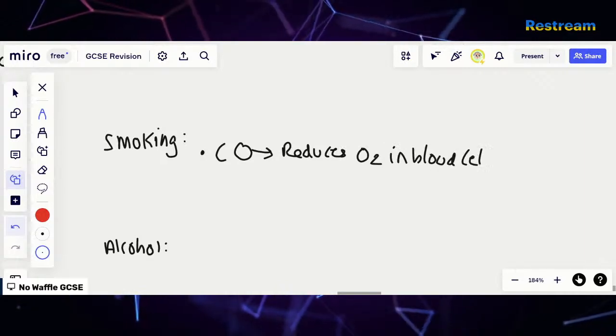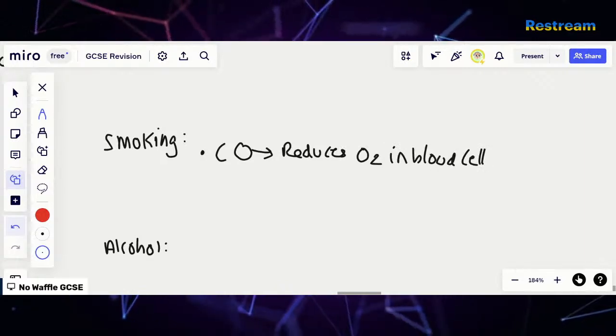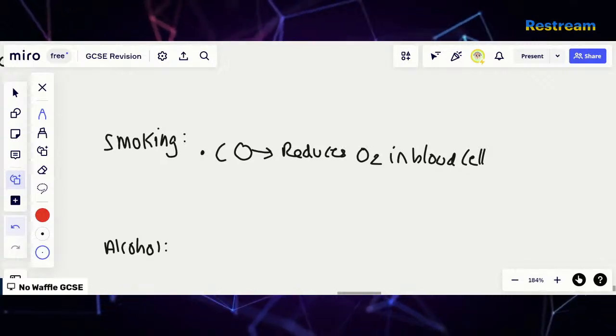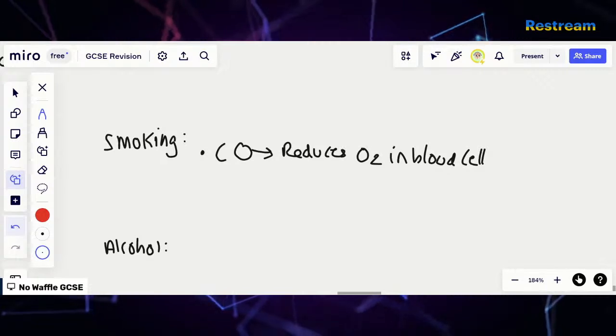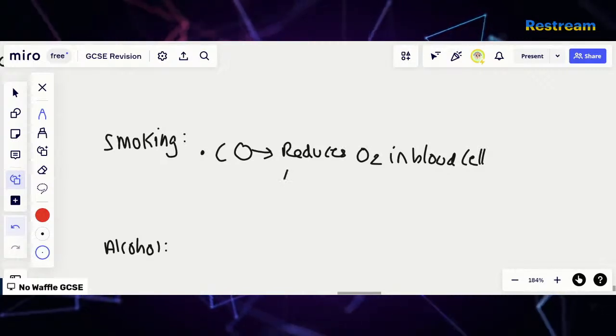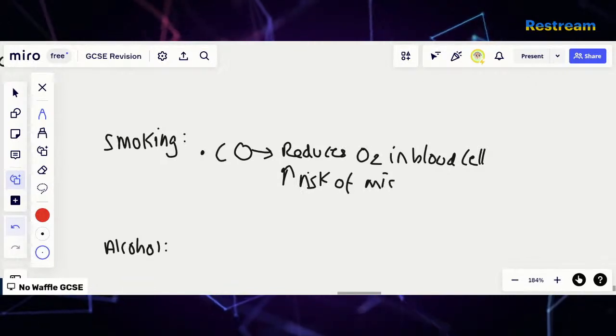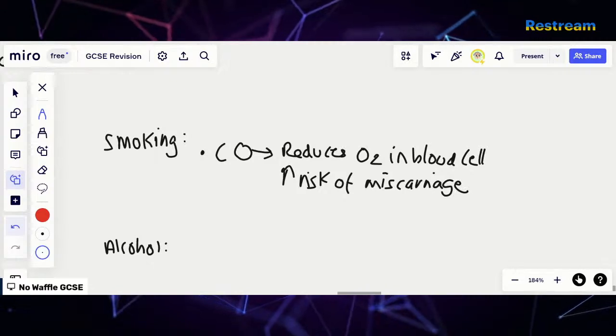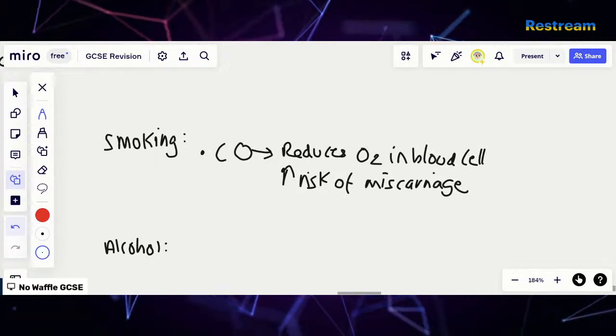And if there's less oxygen in the blood cells, this means there's less oxygen for the fetus. So it can increase the risk of miscarriage because the infant can't breathe. Now, someone said carcinogens. Yes, that's perfect.